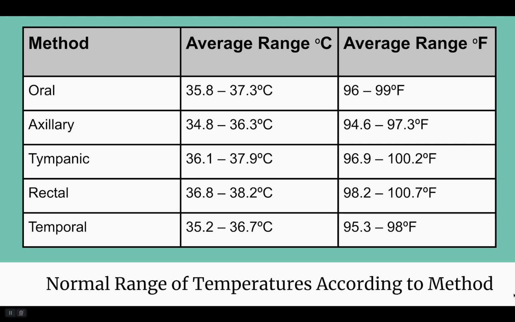Older adults have lower body temperatures, a reading of 96 degrees Fahrenheit, 36 degrees Celsius, is not unusual. The table above has average temperature ranges, according to the measurement method. In general, notify the nurse for temperatures greater than 38 degrees Celsius, 104 degrees Fahrenheit, because this indicates a fever.